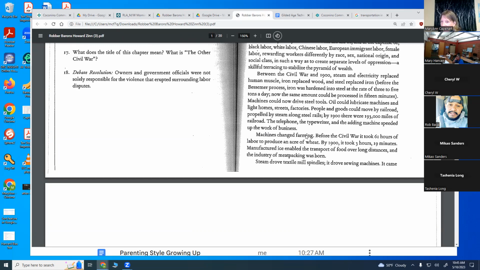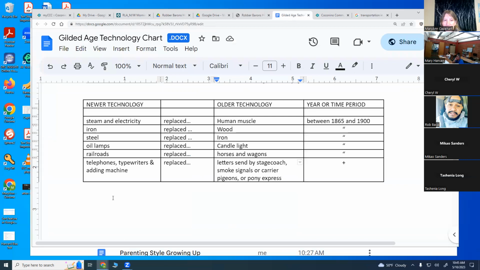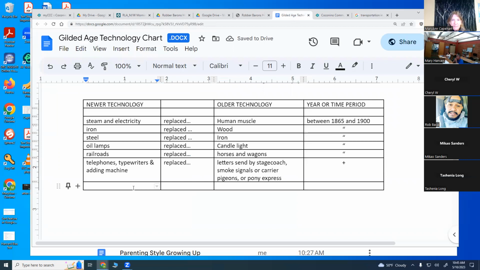Machines changed farming, and manufacturing changed the transport of food. They don't say specifically. See, if I just tab, I get a new row. Transport of food. I think it's with refrigeration. Can be with refrigeration. Let's look.